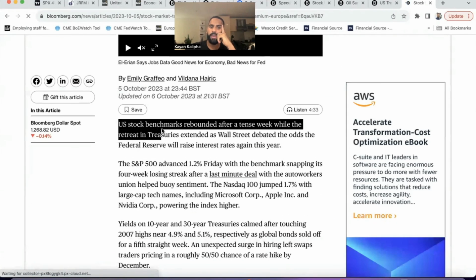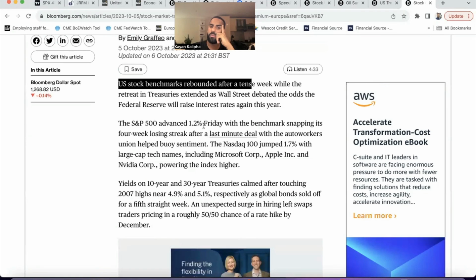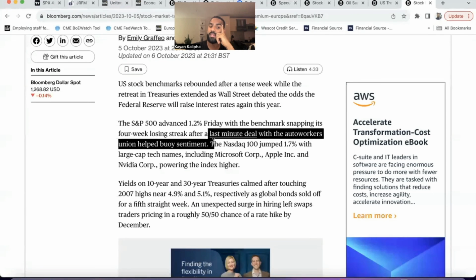US stock market benchmarks rebounded after a tense week, while the retreat in treasuries extended. Wall Street debated the odds of the Fed raising interest rates again. The S&P advanced 1.2% Friday, with the benchmark snapping its four-week losing streak after a last-minute deal with auto workers union helped buoy sentiment.